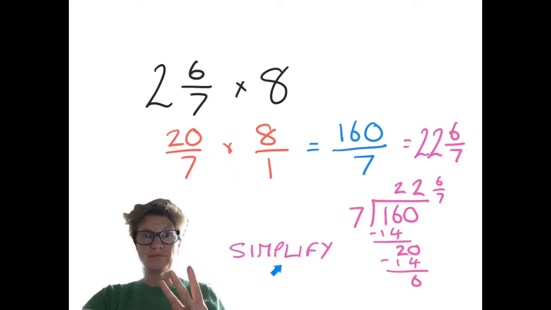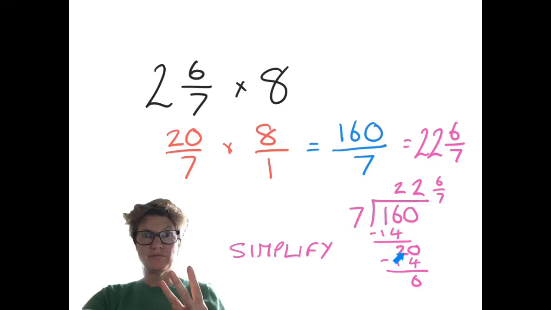Step 3, simplify. To simplify this, I need to divide out this fraction, 160 divided by 7. Now, unless you have a scientific calculator which can write in fractions as well, which you might not have unless you've got an older brother or sister in secondary, you're going to need to do some division. So 160 divided by 7, 7s into 16 go twice, that's 14.